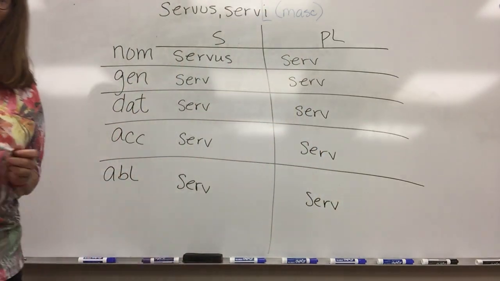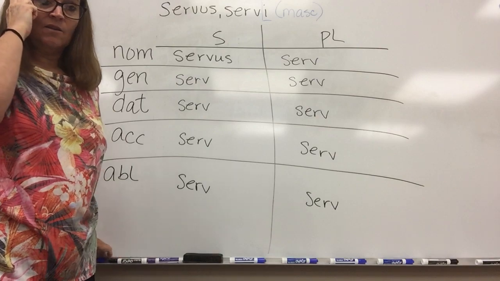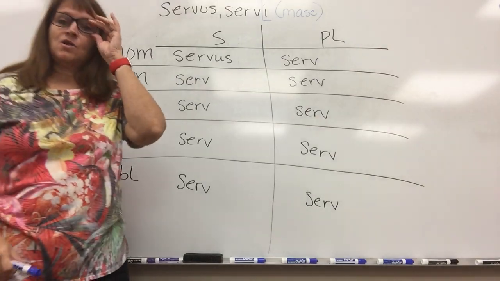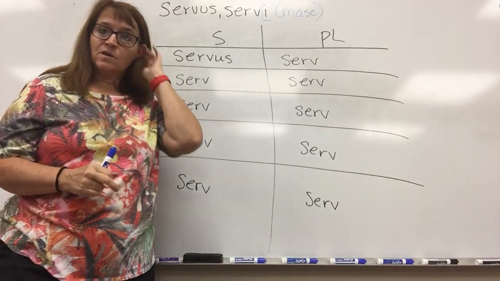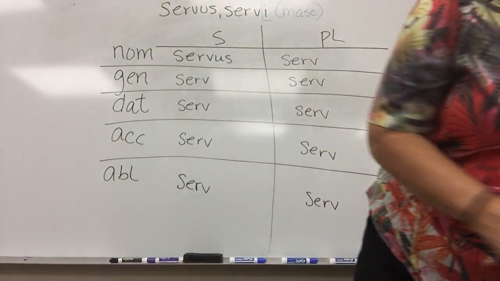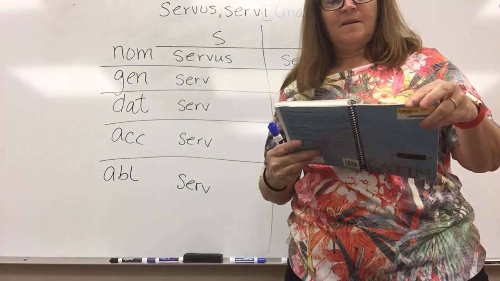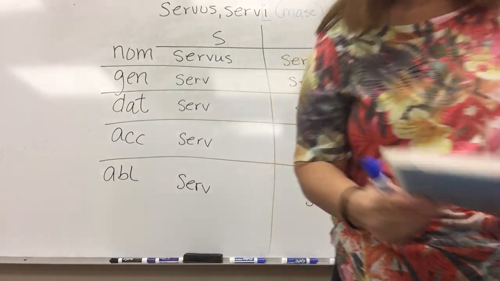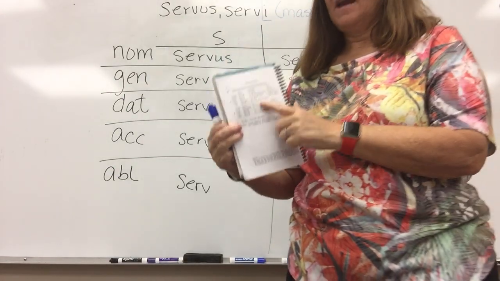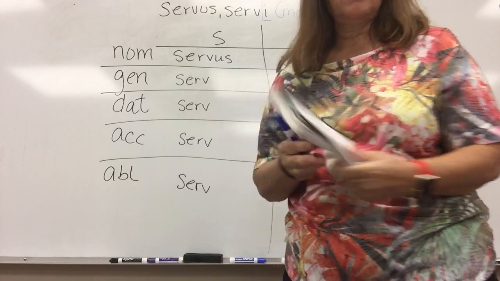Okay, so now we can add our endings, okay? And remember, your grammar book has all your endings. Okay, so the second declension model is found in your grammar book on page number 6, number 34.